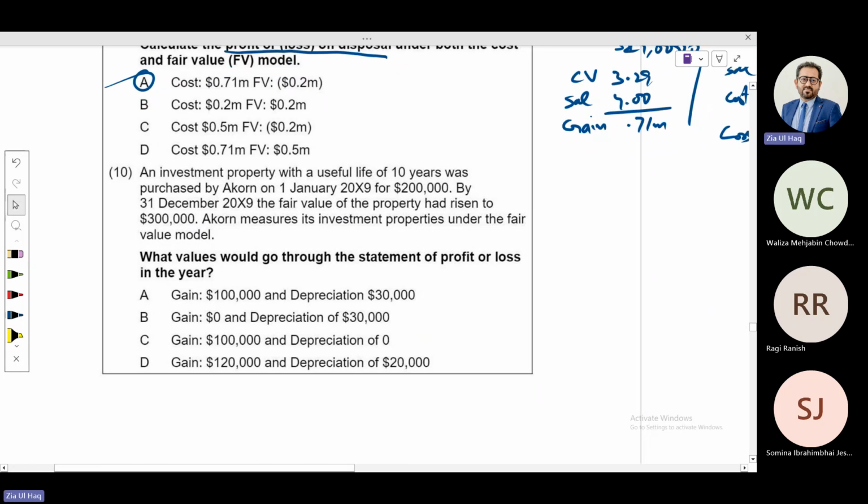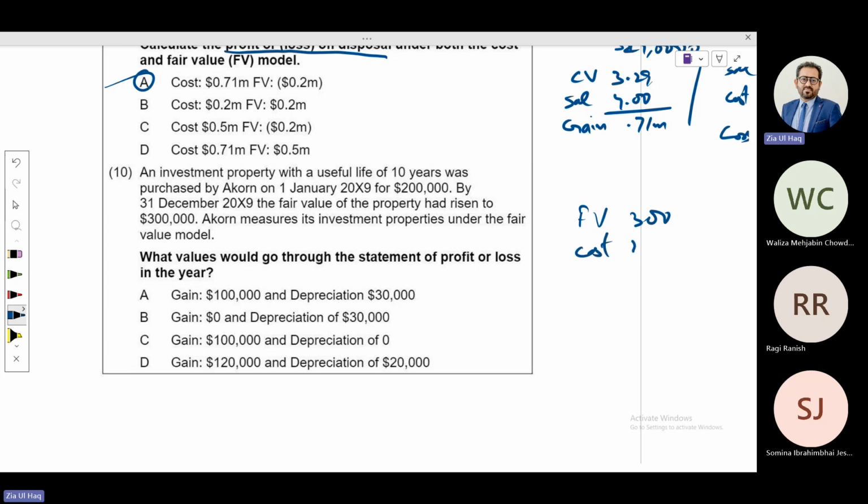An investment property with a useful life of 10 years was purchased by Acon on 1st January 20X9 for 200,000. By 31st December 20X9, the fair value of the property had risen to 300,000. Acon measured its investment property under the fair value model. So forget about useful life. Its fair value is 300,000.